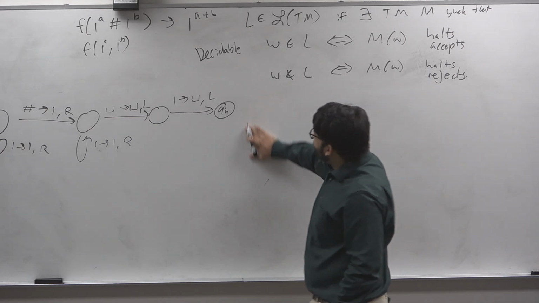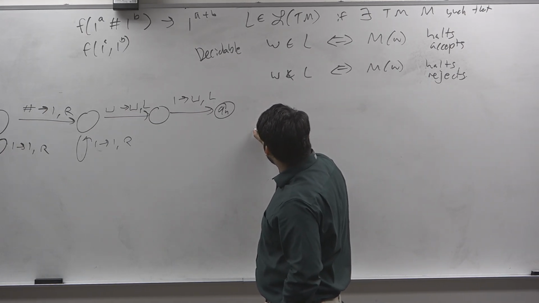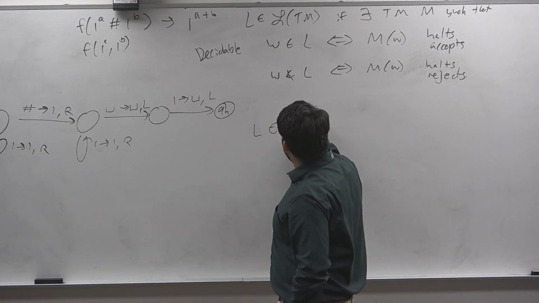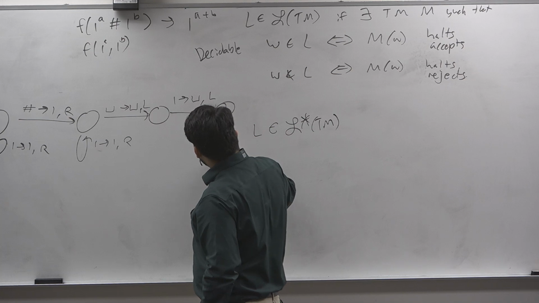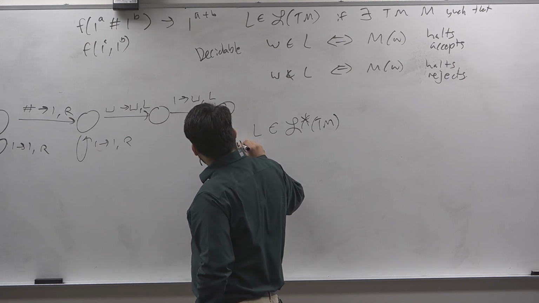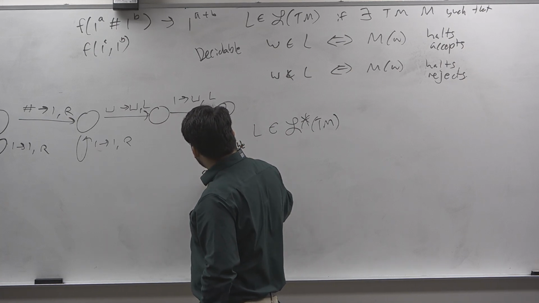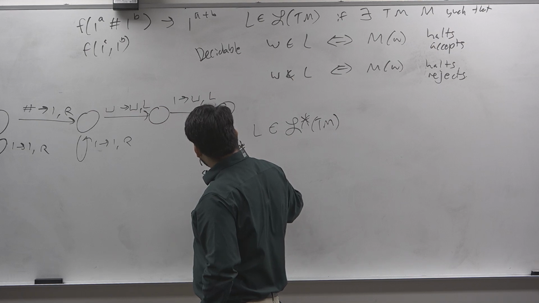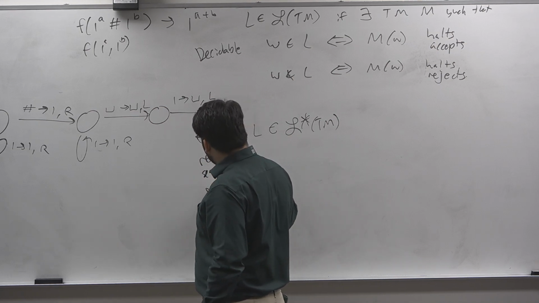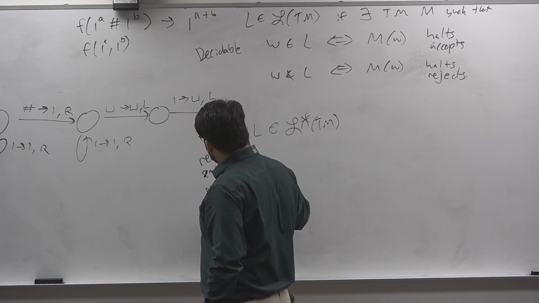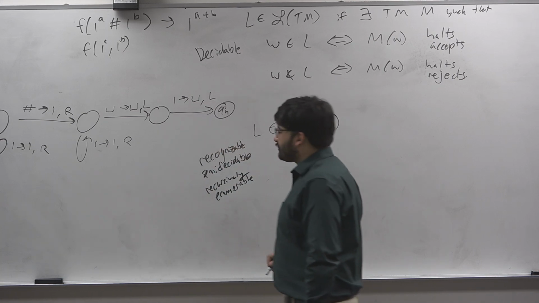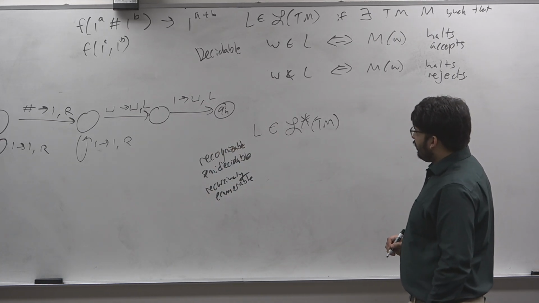But we have another definition because Turing machines are allowed to loop. So we say that L is an element of L star TM, and these are called recognizable. These are also called semi-decidable. These are also called recursively enumerable. These are the worst named object in history because they have several names that are all different.